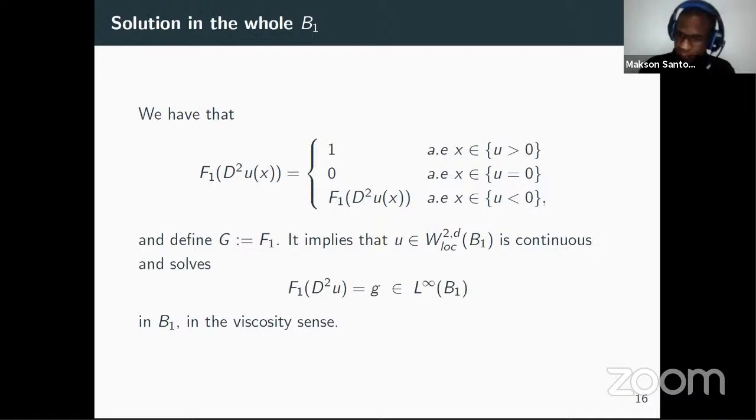And using once again the maximum principle, what I have in fact is that U is continuous and satisfies this elliptic equation in the viscosity sense with g in L infinity.